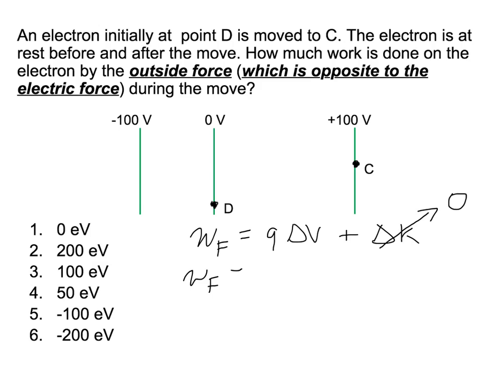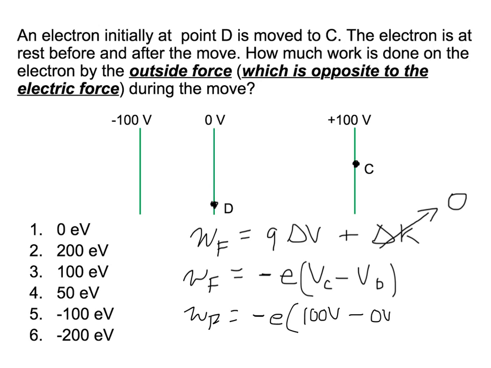So the external work is just going to be the charge of the particle, in this case an electron, so that's minus E, times the change in potential, which will be Vc minus Vd, because the particle moves from D to C. Since Vc is 100 volts, minus Vd, which is 0 volts, we get minus 100 electron volts. So the correct answer here is 5.